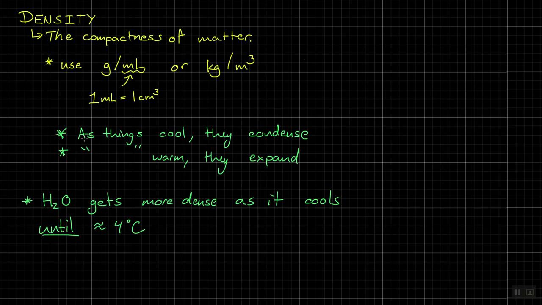Okay, why is this so important to life on our planet? Why does it matter to you as possible fisheries scientists or marine scientists that water stops getting more dense? What if it didn't? What would the ramifications be? Yeah, say it.